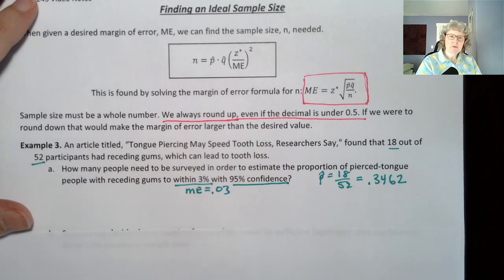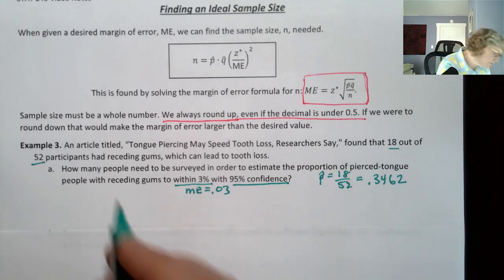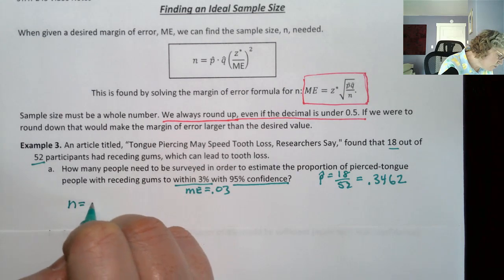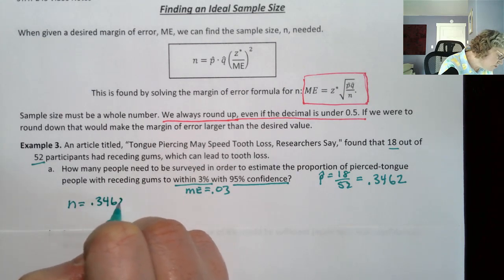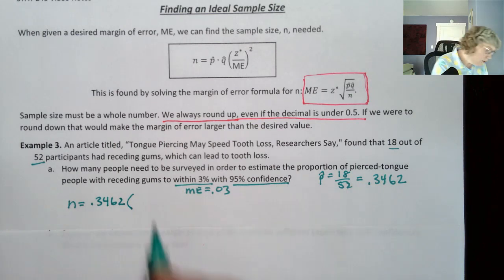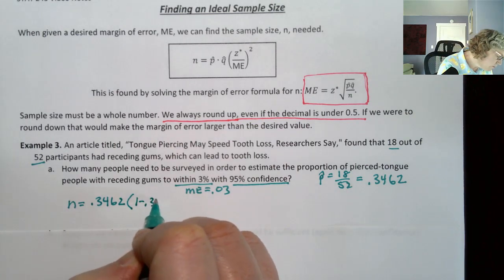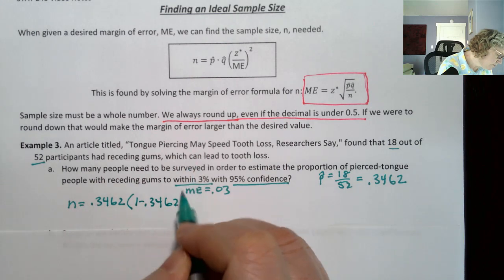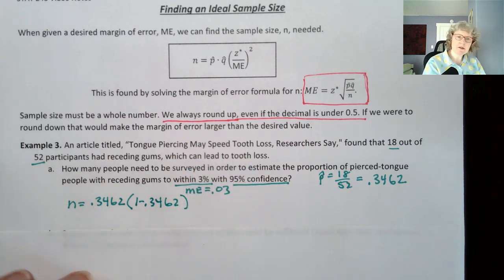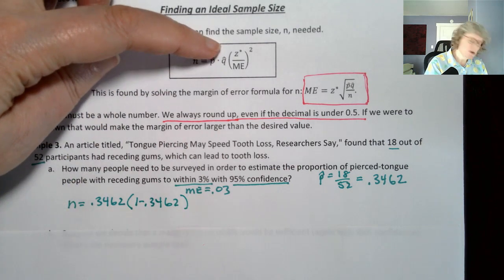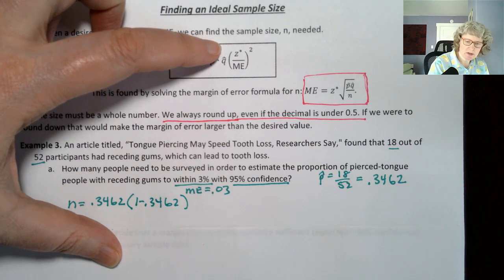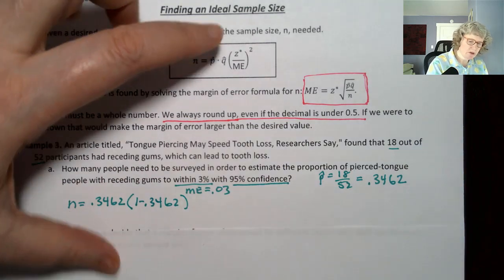Let me write out the formula here. N equals P hat, 0.3462, times Q hat, or you can do 1 minus 0.3462, times Z star over the margin of error, squared. Z star for 95% I know in my head, but I'll bring up the chart.